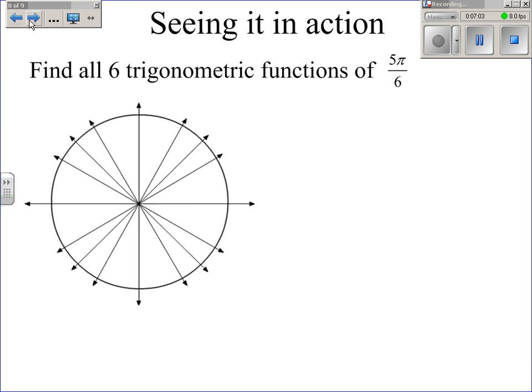Now here's an example of how you would go about finding the values for the trig functions of a given angle. Our angle is 5 pi over 6. Since 5 pi over 6 is greater than pi over 2, but less than pi, its terminal side lies in the second quadrant. Subtracting 5 pi over 6 from pi gives us a reference angle of pi over 6.